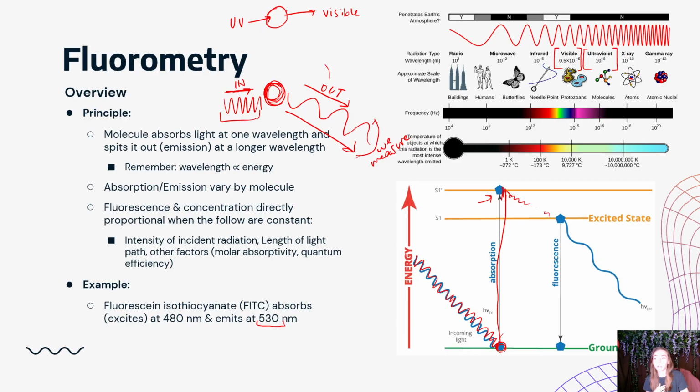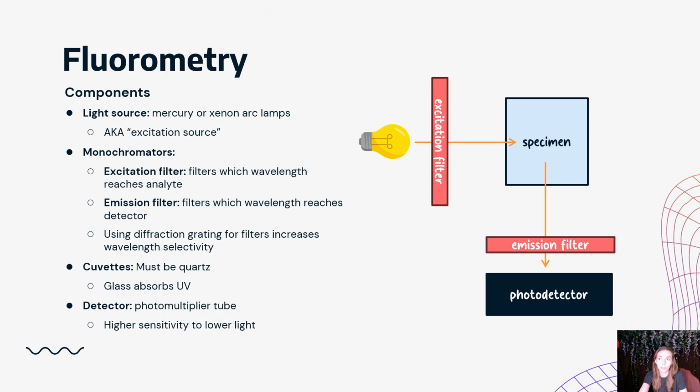So yeah, we're starting with a wavelength of 480, which is a smaller wavelength, but that means that it's a greater frequency, greater energy, which makes sense because it absorbs at the higher energy level and it spits out at the higher wavelength, lesser frequency, lesser energy level. Okay? Sorry, I know that that's kind of a hard concept.